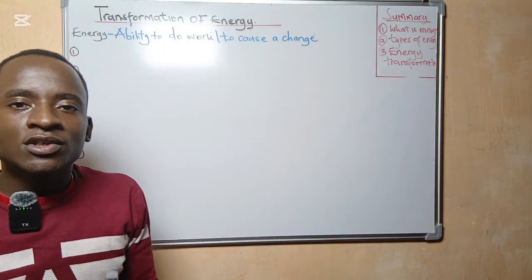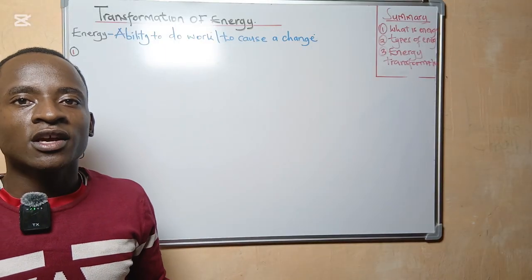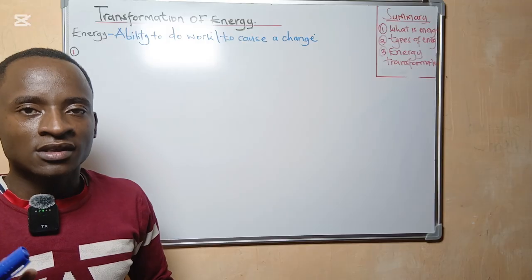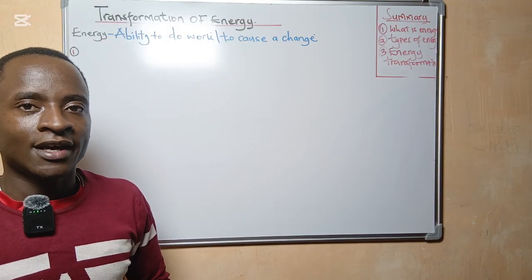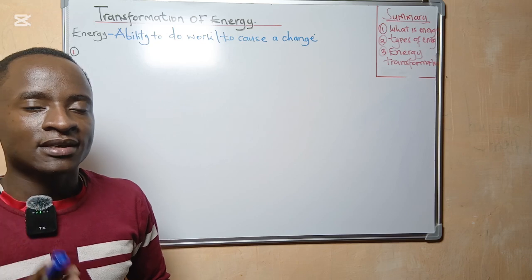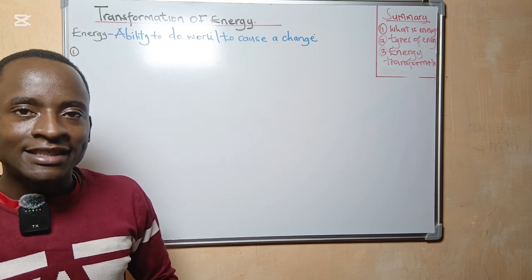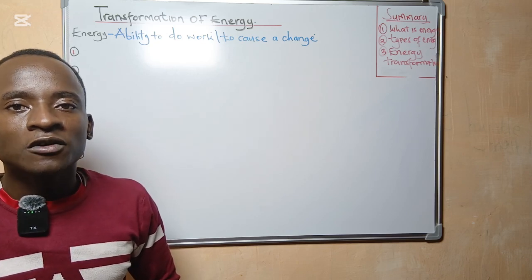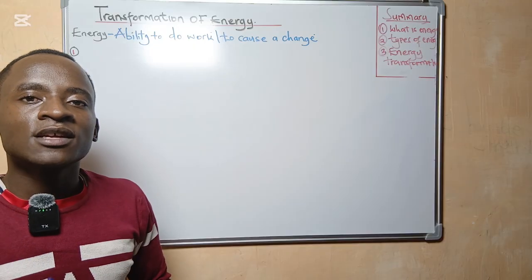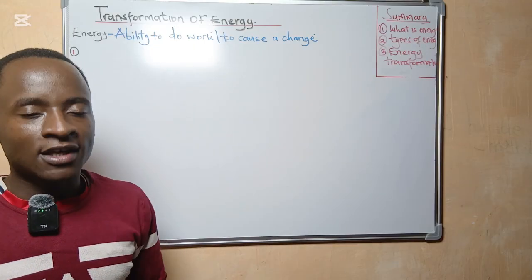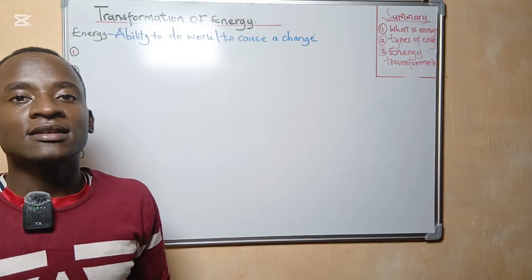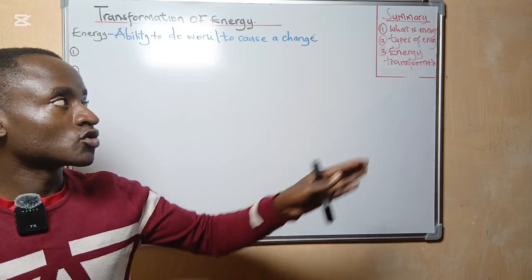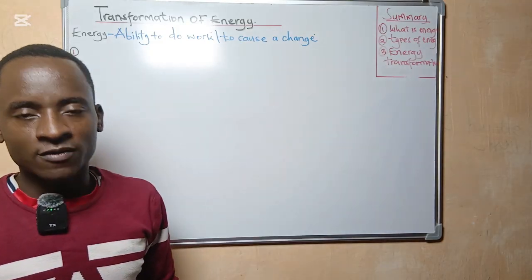When we talk about the types of energy, we are talking about the forms of energy. Energy is a single substance, but it can exist in various forms. These forms are what we are calling the types of energy that I want us to talk about today. And maybe in the next lesson, we'll have more time to talk about energy transformation.